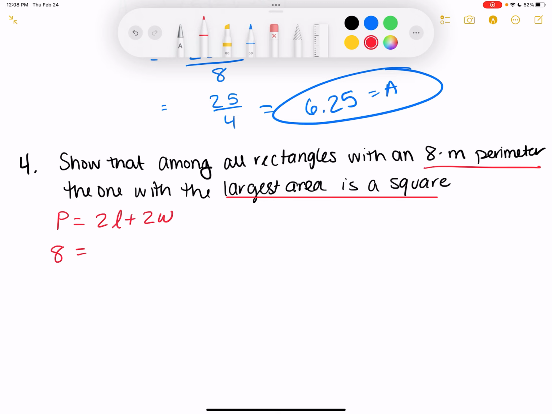Both of these have a 2 in them, so I can rewrite this as 2 times L plus W. So then 4 is equal to L plus W. And then I need to solve for one of the variables. Doesn't really matter. Let's just say W is equal to 4 minus L.